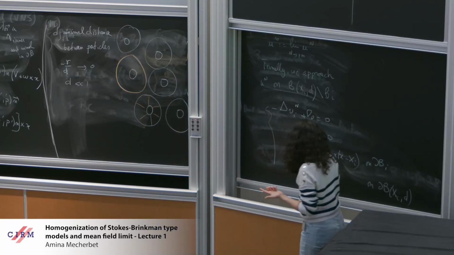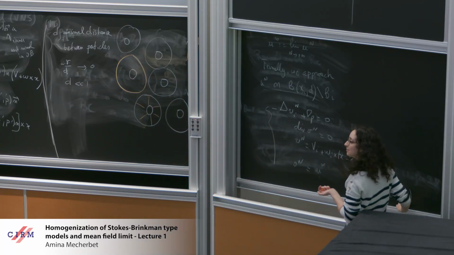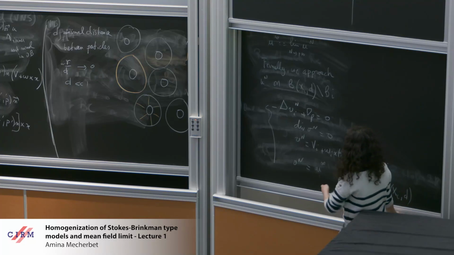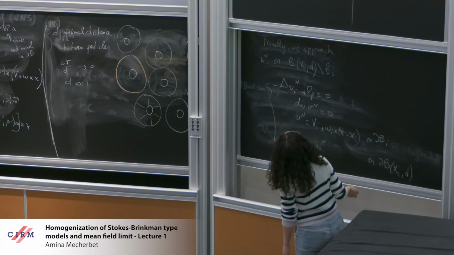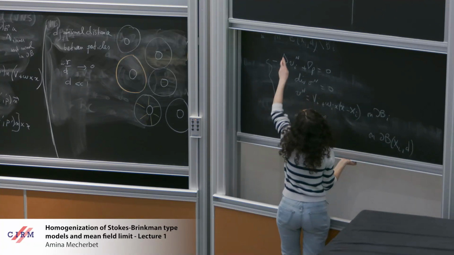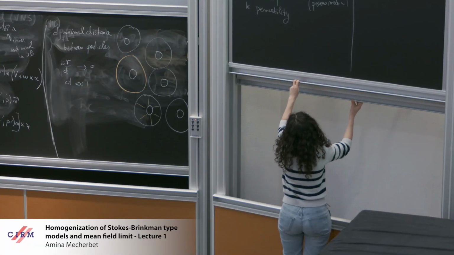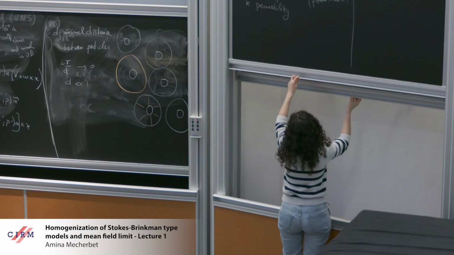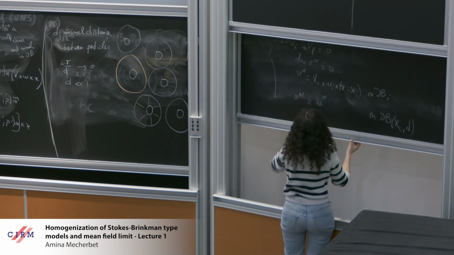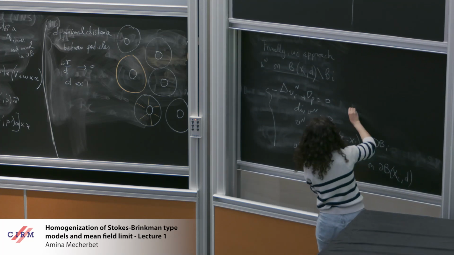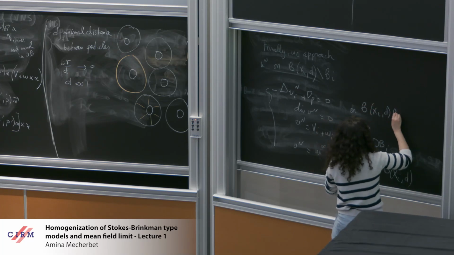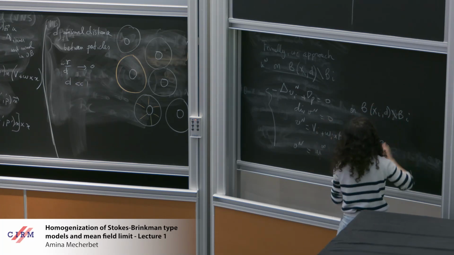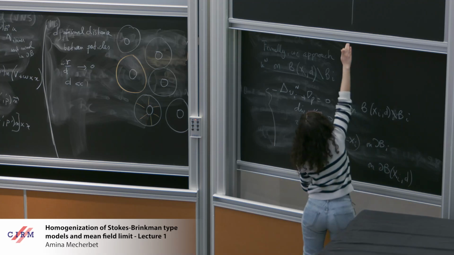And also, since the minimal distance is small, I will approach U infinity by its value on xi. So we will go one step further. Or maybe I will do it. So for the moment, this is on the ball minus bi.